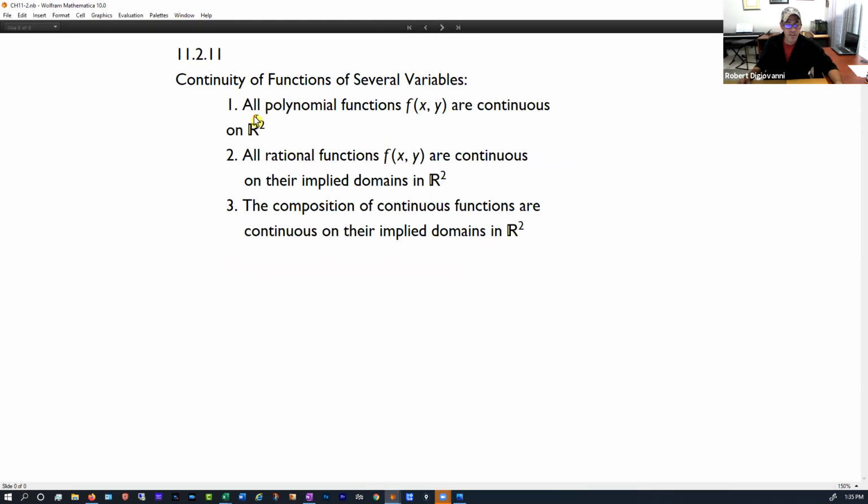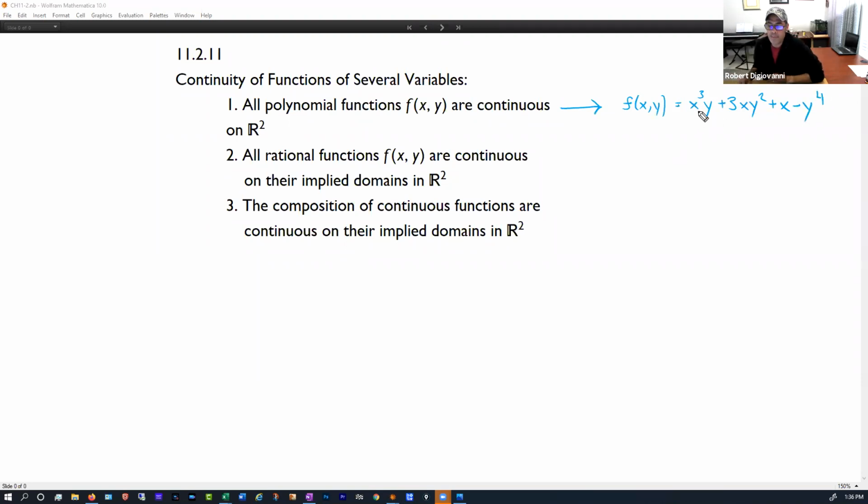So this tells us that all polynomial functions f of x, y are continuous on R2. So that means if your function contains just powers of x and y combined together with addition and subtraction, I'm talking about functions that look like this. Maybe it's like f of x, y equals, I don't know, x cubed y plus 3xy squared plus x minus y to the fourth.